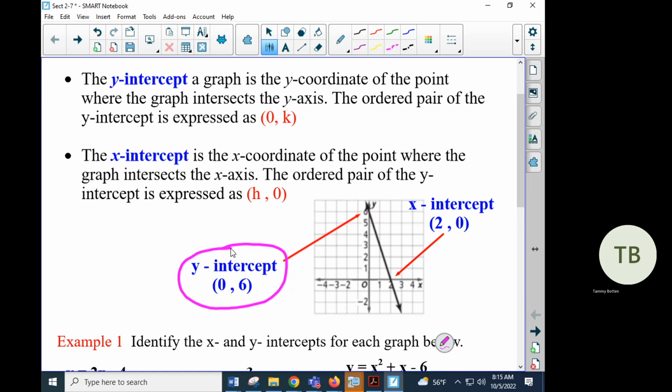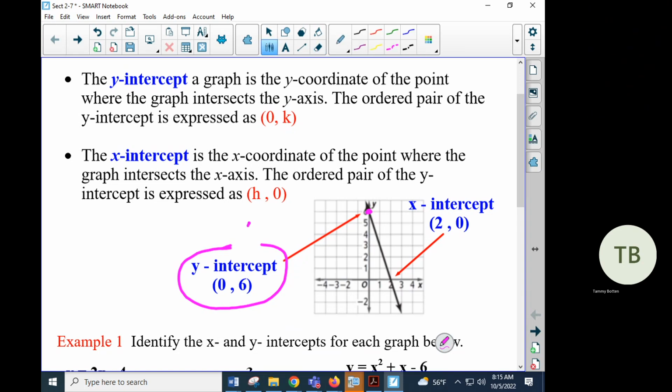So this point right here is where it crosses the y-axis. They could have you list it, that point is (0, 6). Instead, what they do is they'll just have you list this number. They won't have you put it as an ordered pair. So the y-intercept would just be, not negative, it would be positive 6.